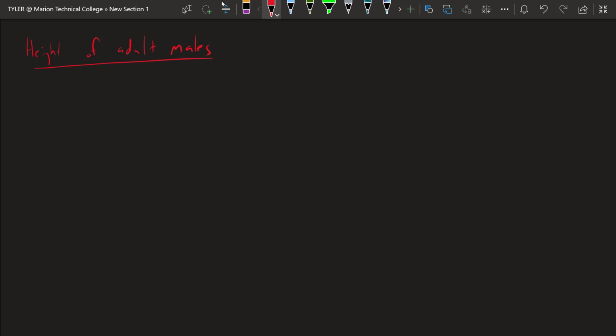This could be normally distributed. Maybe we find that the mean is roughly 55 inches, and the standard deviation of the height of adult males is 5 inches. I'm not sure if these are accurate for adult males, but just to give an example here, right? So far what we've been discussing and studying is looking at this.